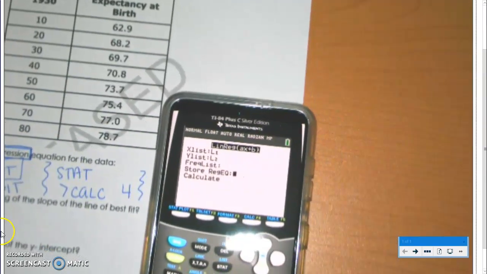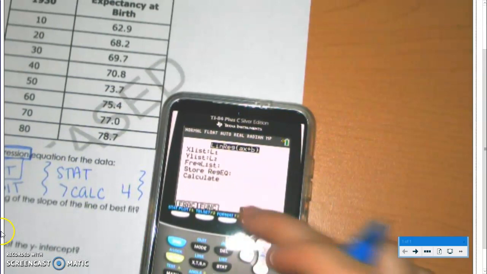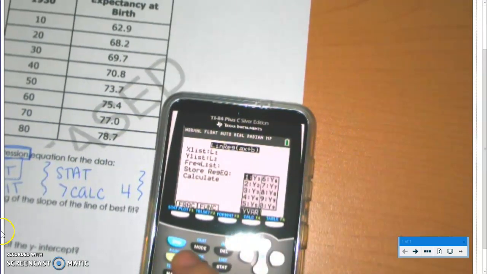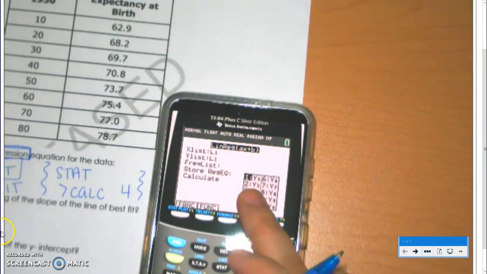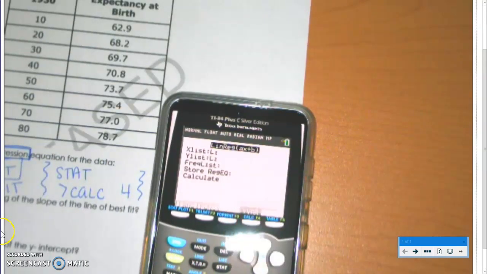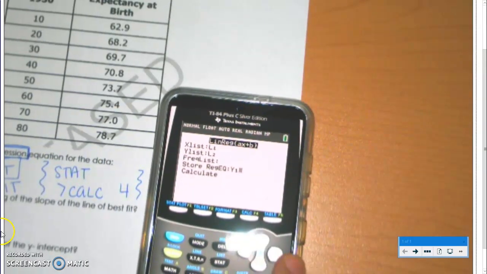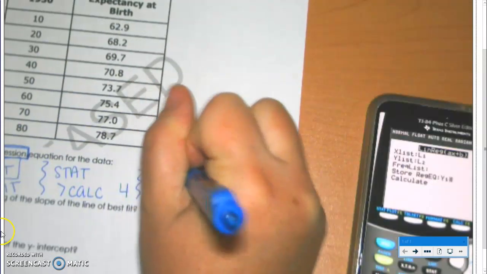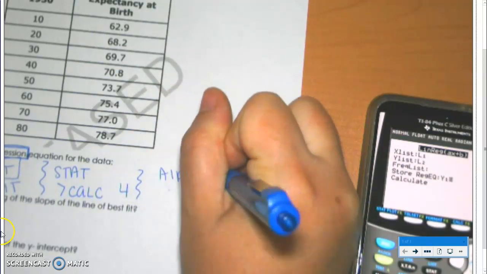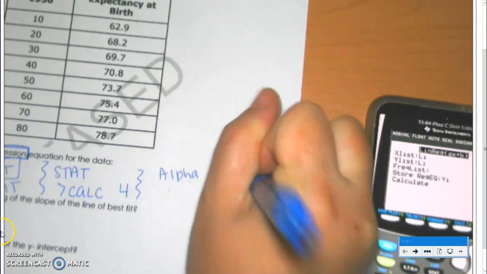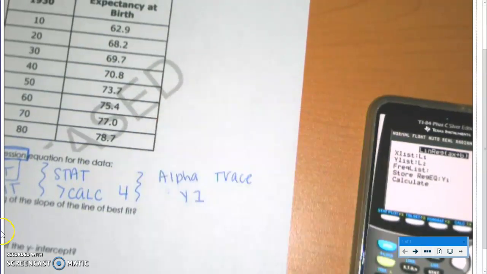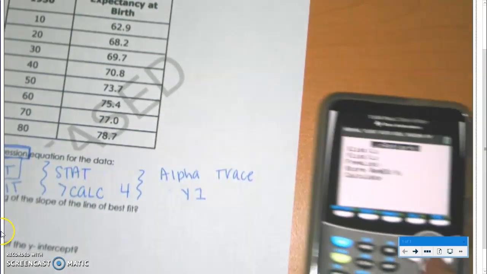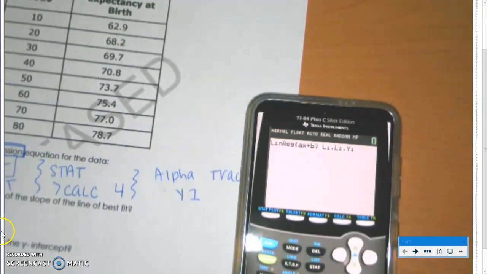So I am going to hit alpha trace. Alpha trace is the quickest way to pull this up. And see where it says y1? I'm just going to go ahead and hit enter on y1. And then just go ahead down and hit enter where it says calculate.